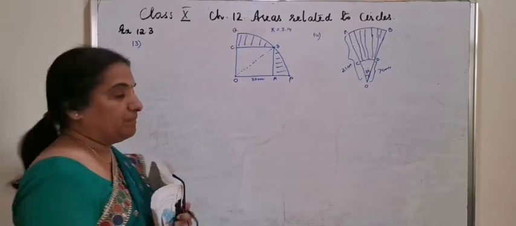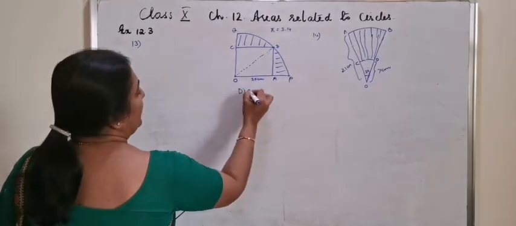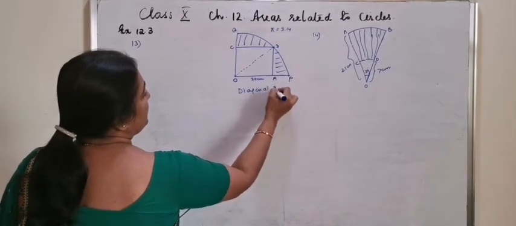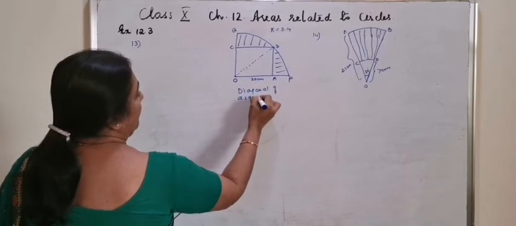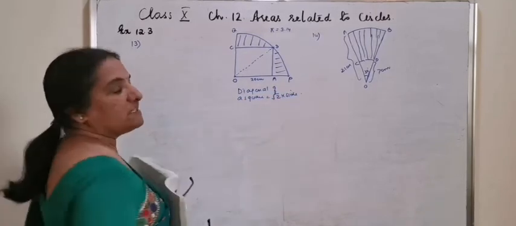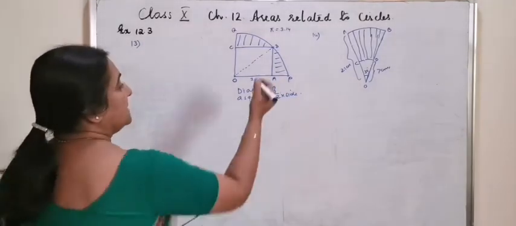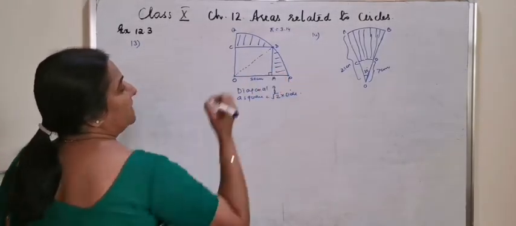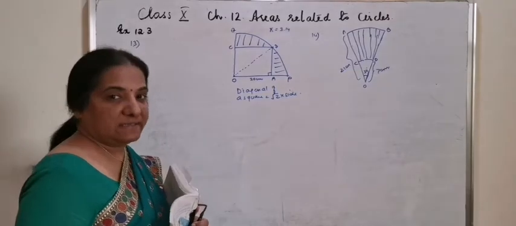Now, OB represents the radius of the quadrant also, and it also represents the diagonal of the square. The formula for diagonal of a square is root 2 into side, which can also be obtained as a right triangle by applying Pythagoras theorem.